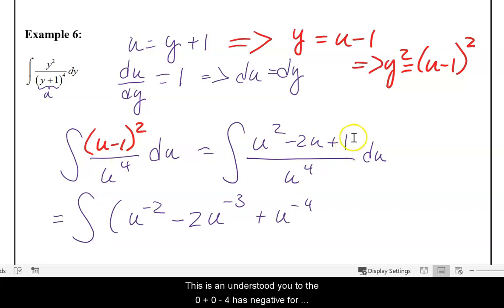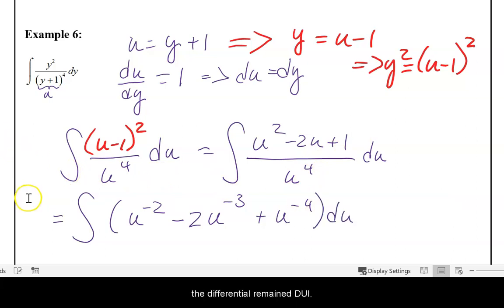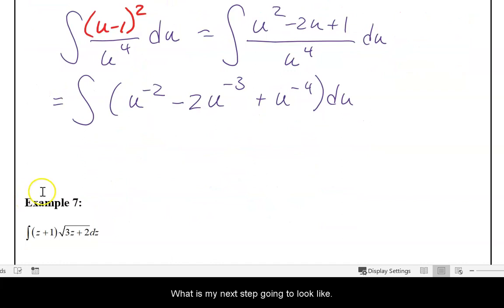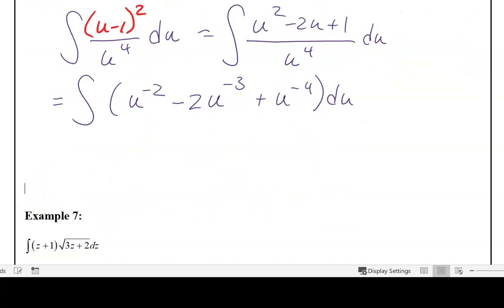Again, this is an understood u to the 0, and 0 minus 4 is negative 4. The differential remains du. What is my next step going to look like?